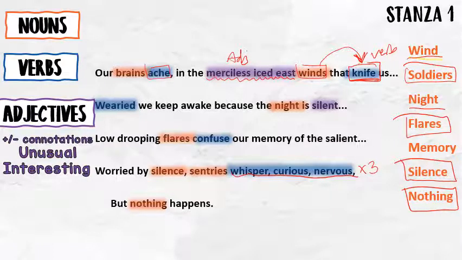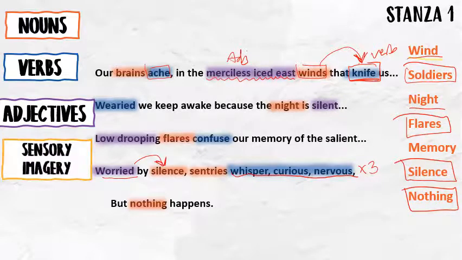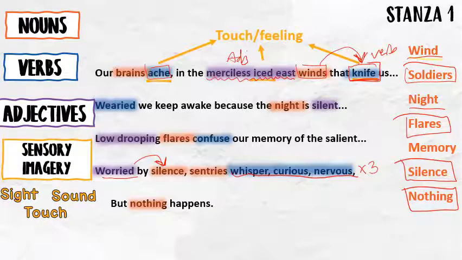Here are some more adjectives. The night is silent. The flares are low and drooping, and they confuse them. The soldiers are worried. They are worried by the silence. Now the sensory imagery. We're looking at sight, sound, and touch.